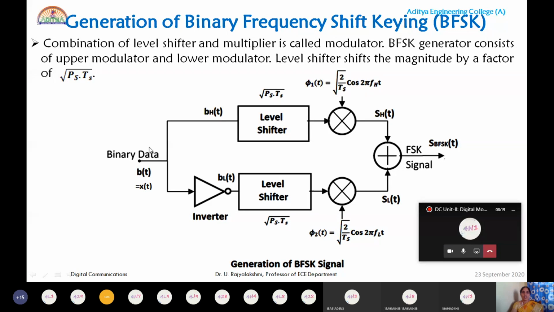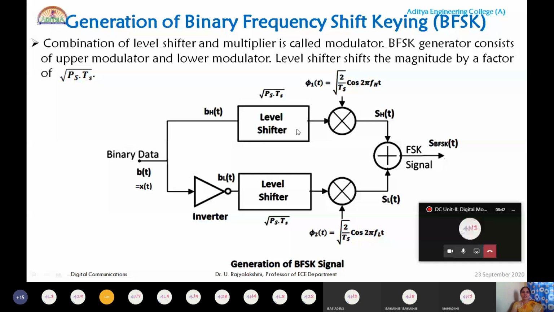Now please observe the generation principle. The b of t is split: it is directly equal to bH of t, and the inverted form of b of t is considered as bL of t. What is bL of t? The inverted form of b of t, and bH of t is directly equal to b of t.